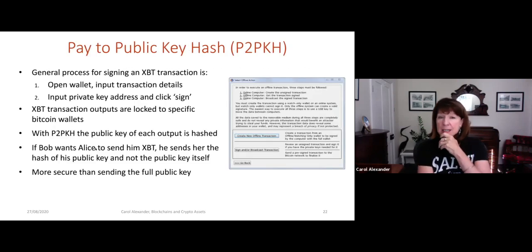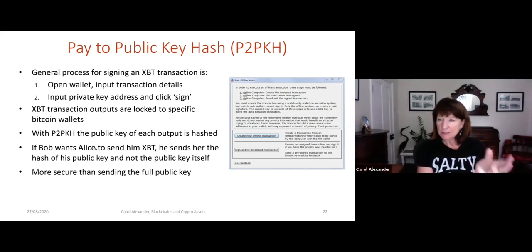So this pay to public key hash is a general process used by all the wallets. Although there are slightly different steps to follow, what goes online, what goes offline in your hot and cold wallets, the general process is you open your wallet and you input the transaction details.